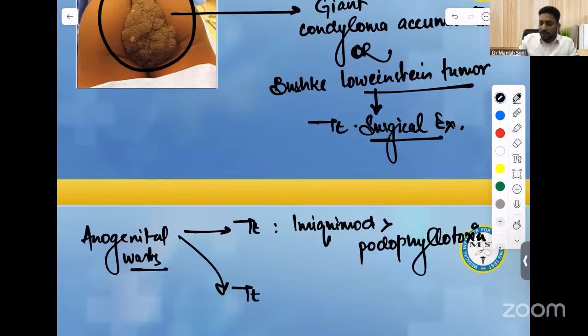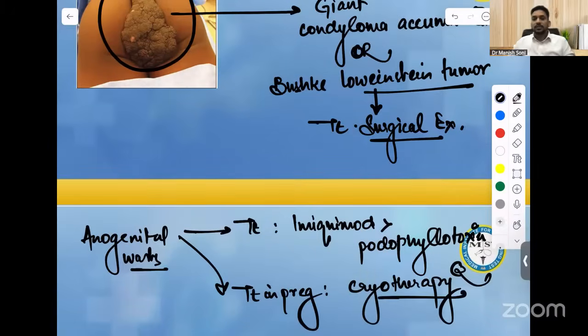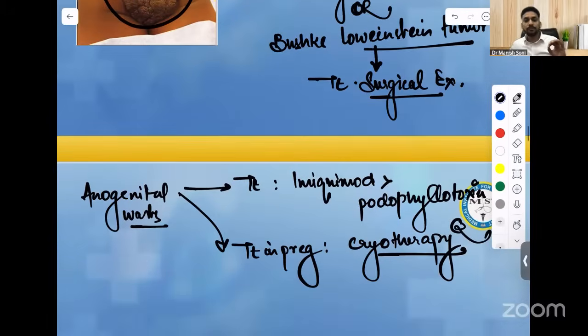So what is the treatment in pregnancy? Cryotherapy. This question was also recently asked. So cryotherapy in pregnant patients with anogenital wart. If the patient is not pregnant, then imiquimod. If imiquimod is not mentioned, then podophyllotoxin. And if it is very large, that is giant anogenital wart or Buschke-Lowenstein tumor, then surgical excision.